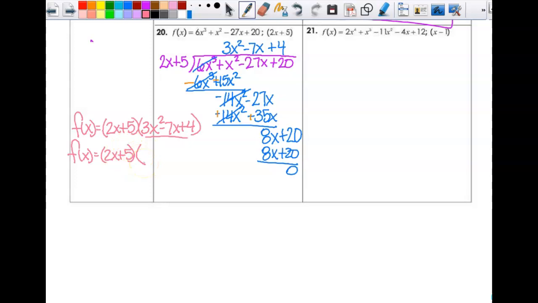This would be 3x minus 4 and x minus 1 when you factor. So this is my fully factored form. And I would have my zeros. My smallest one would be -5/2, then 1, then 4/3.